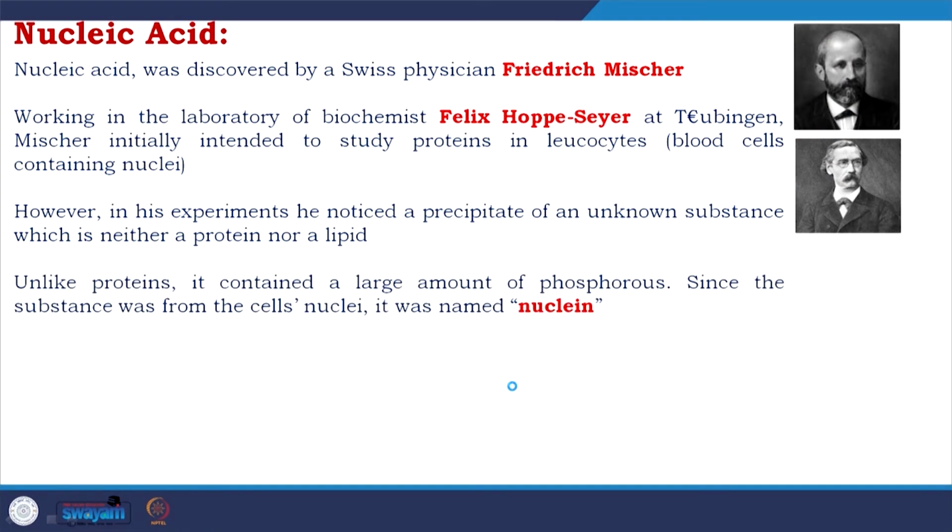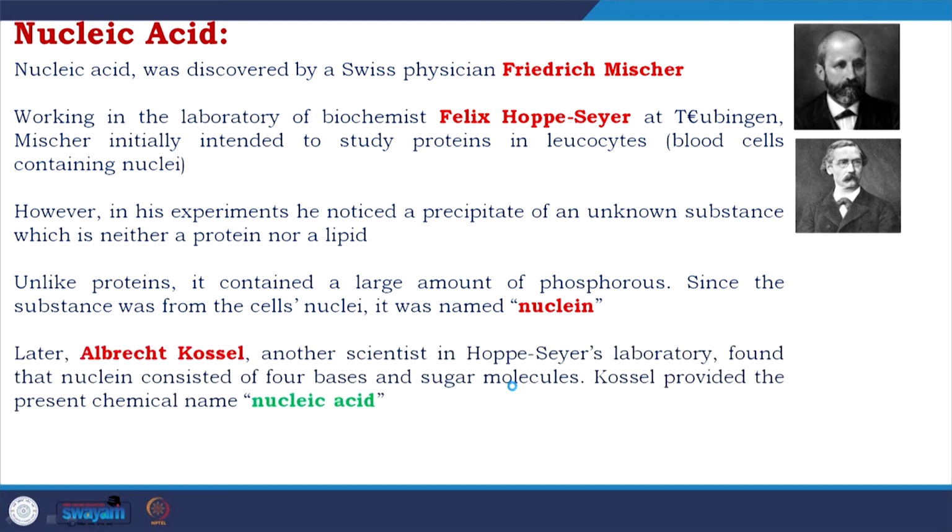Unlike protein, it contained a large amount of phosphorus. Since they got the substance from the nucleus, they named it nuclein. Later, Albrecht Kossel, who was working with Friedrich Miescher in the same lab of Felix Hoppe-Seyler, found that nuclein consists of 4 bases and a sugar molecule.